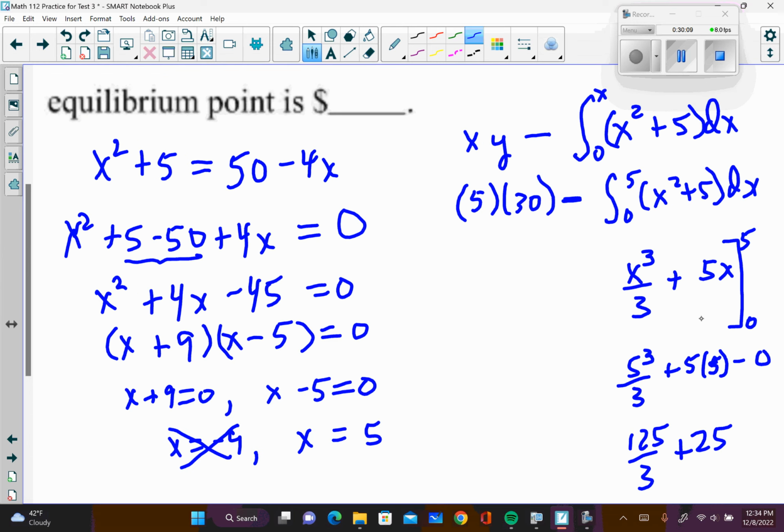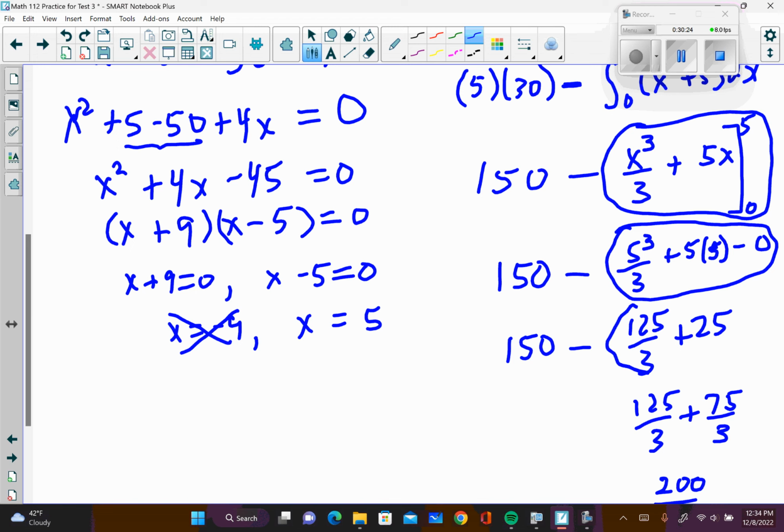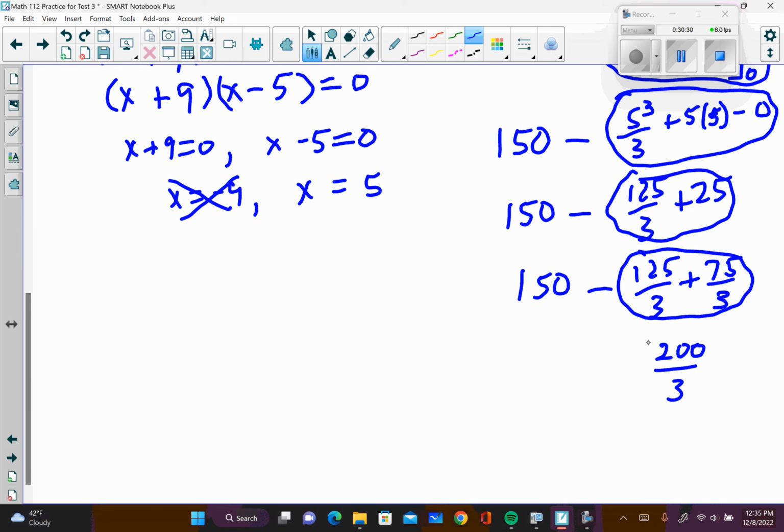The thing is, here we have 150. It's going to be 150 minus whatever we got doing that. 150 minus this result. 150 is the same as 450 over 3.